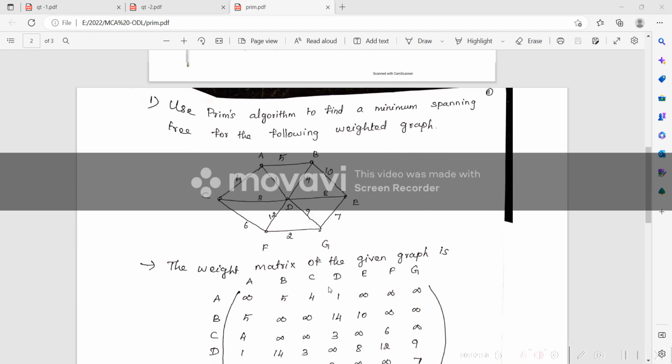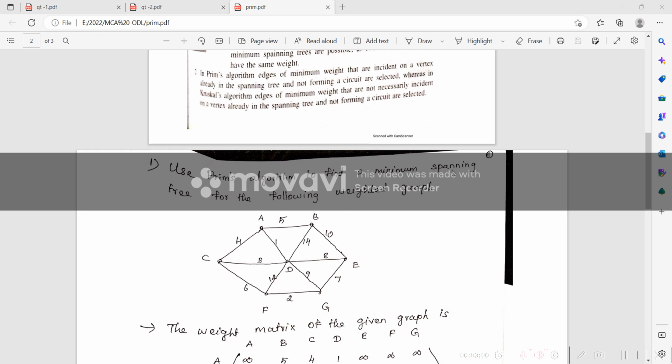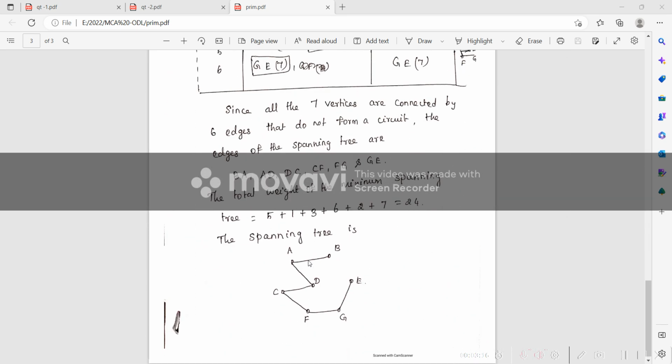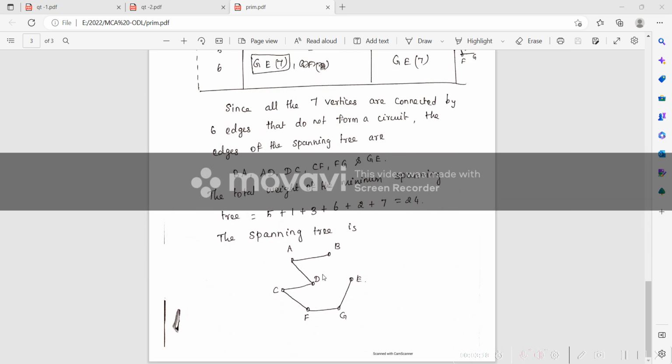So what is meant by spanning tree? So spanning means in this connected graph we have A, B, C, D, E, F, G. So totally 7 vertices are there. So in one tree all the vertices are present.